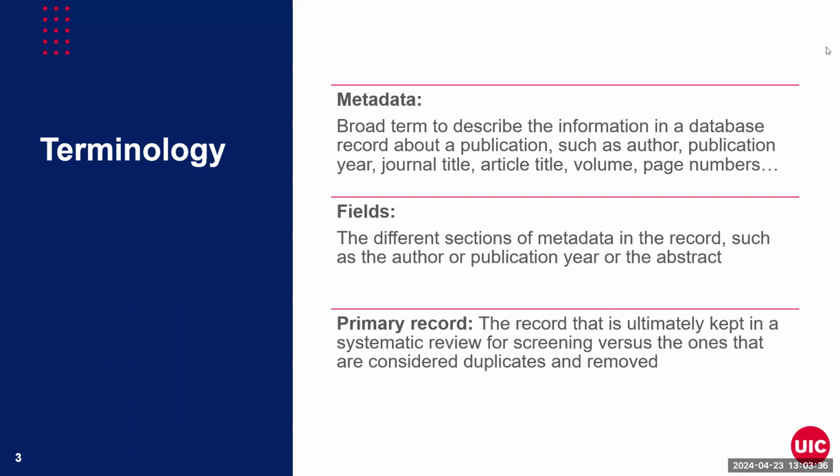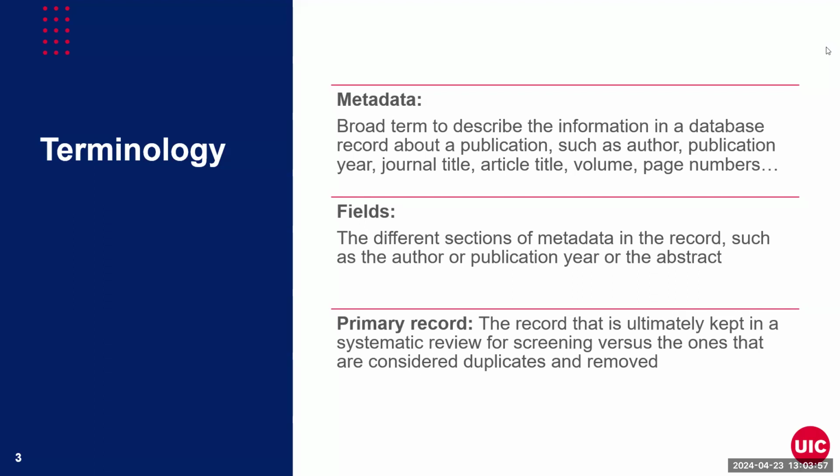So the metadata could include things such as author, title, year, journal title, article title, volume, page numbers, etc. All of those pieces of information would be considered metadata, or data about data.